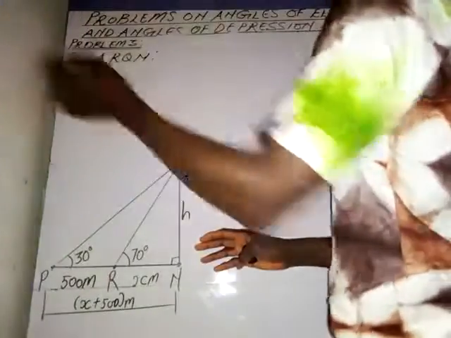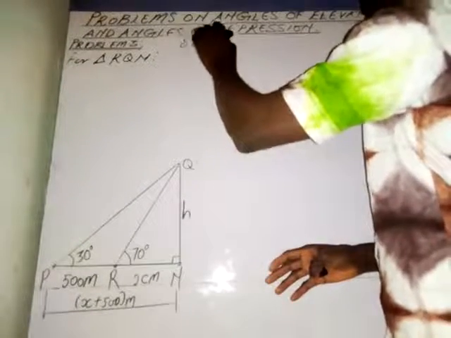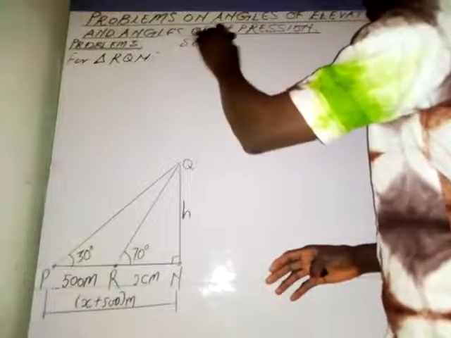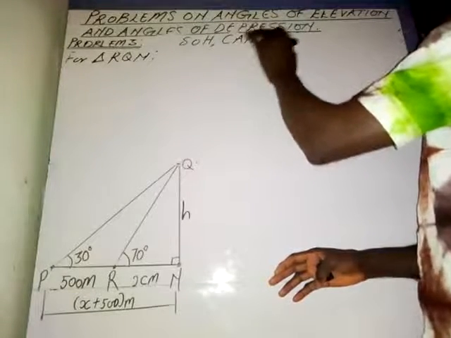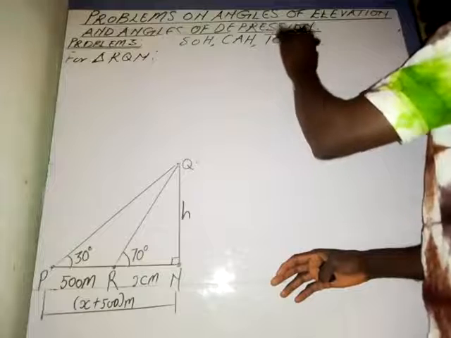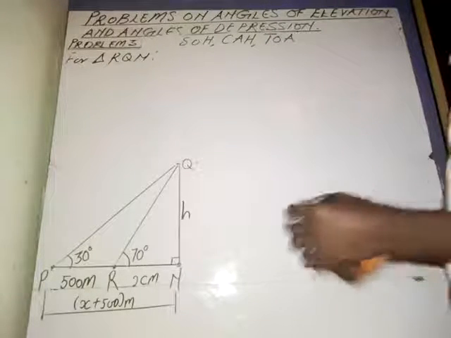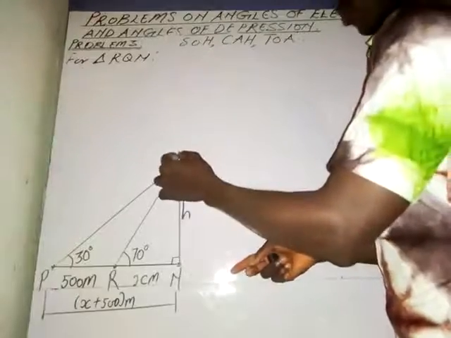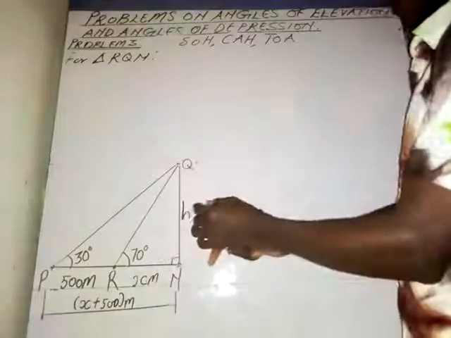in this case, we are going to make use of our SOHCAHTOA. So that is SOH and CAH and TOA. So I believe you know what I mean by this. So if I'm to work on right angle triangle RQN, this is the height.